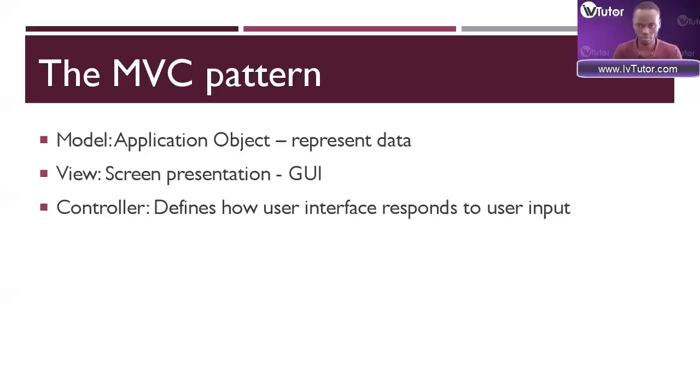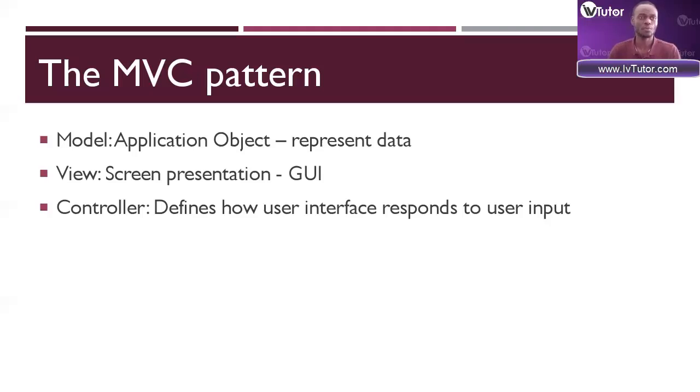In other words, it controls the activity that is happening between the model and the view. So in other words, it's controlling the data flow from the model to the view, and data changes that are happening from the view and updating the model based on that. So in other words, it's controlling the flow of data between the model and the view. That's the controller. So the MVC pattern is more like a very traditional pattern.